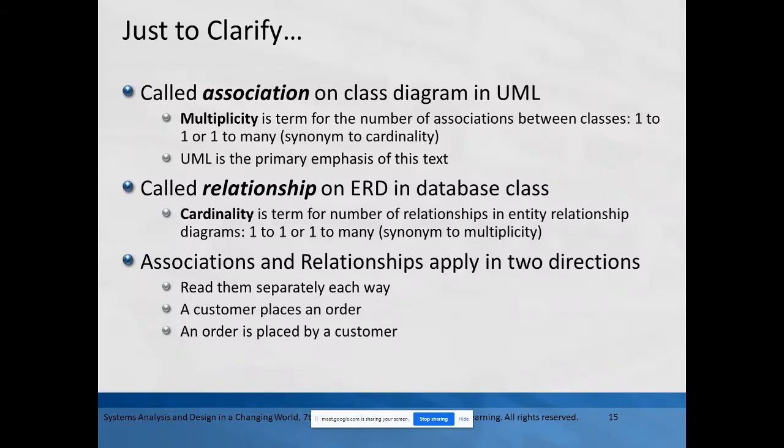For example, you might have an entity for students and an entity for classes, and you would say, okay, a student can take how many classes? And you'd say, well, they can take a lot of classes, so that would be a many side. And you say, well, a class can be taken by how many students? Well, by many students, so that's also a many side.